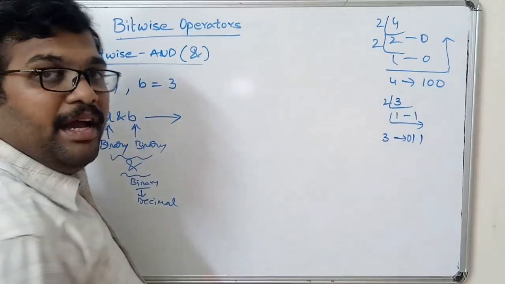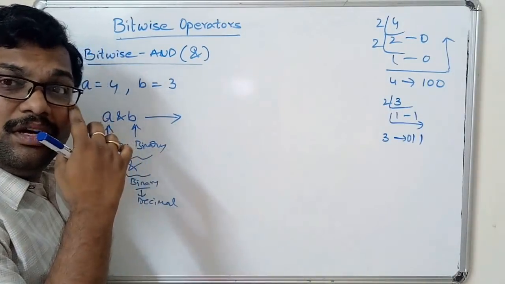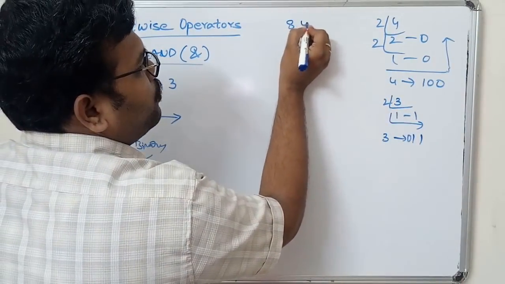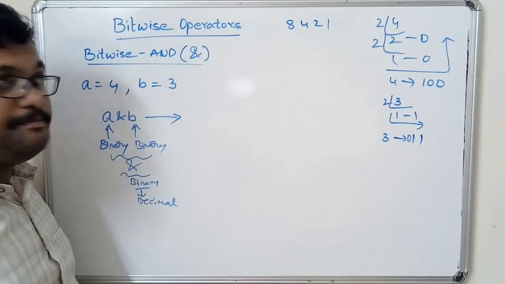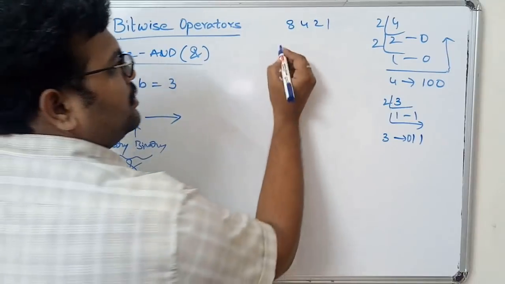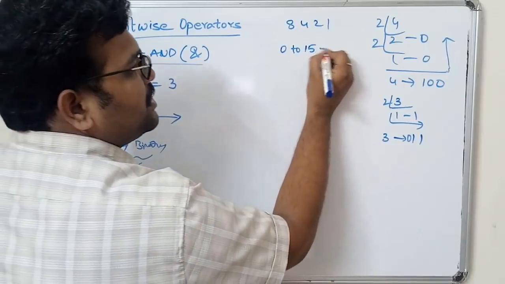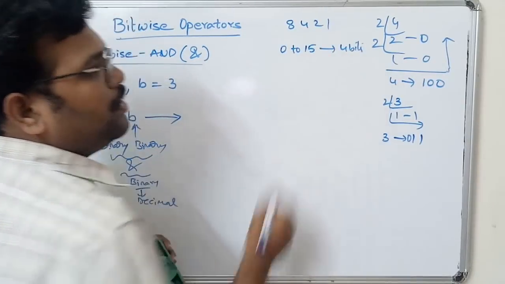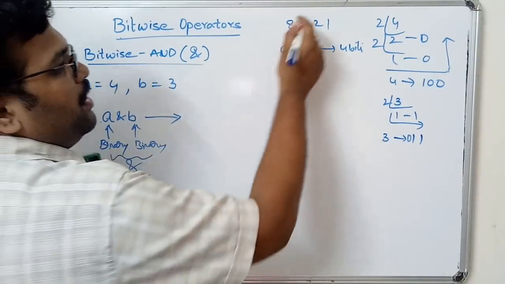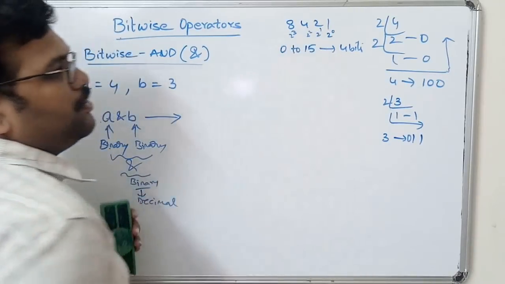So generally any decimal value can be represented in 4 bits or 8 bits. A 4 bit representation will be as 8421. So 0 to 15 numbers can be represented using 4 bits. That is 8421, that is 2 power 0, 2 power 1, 2 power 2, 2 power 3.